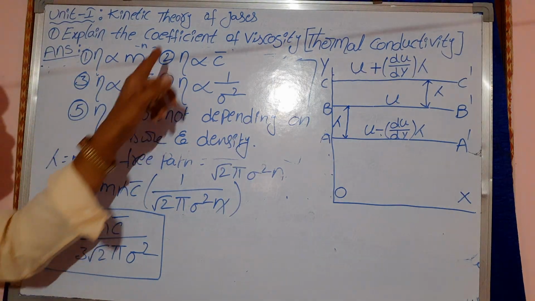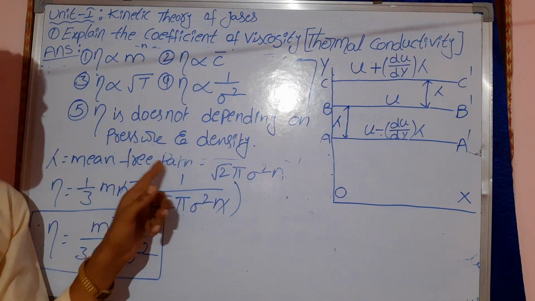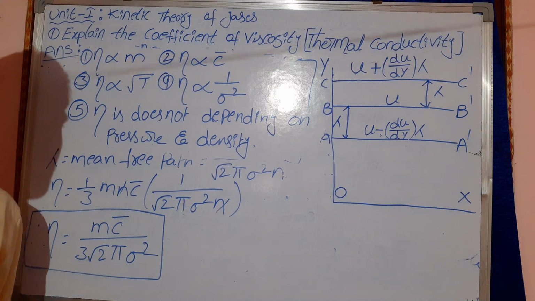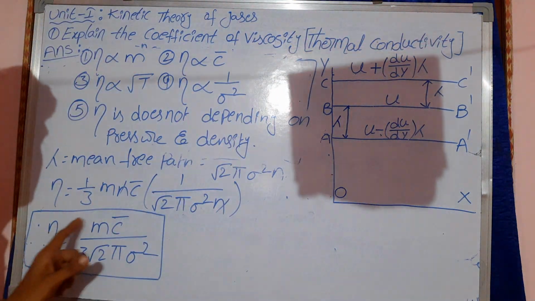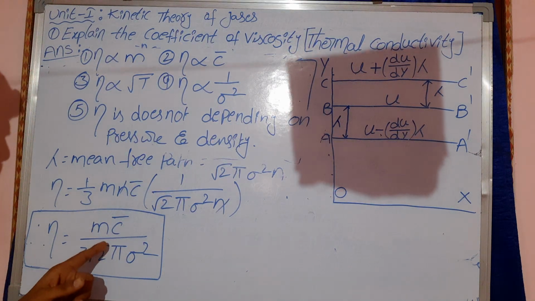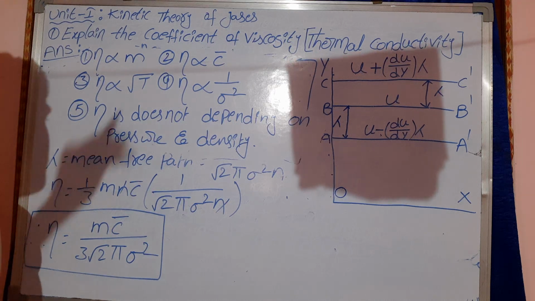So this is the coefficient of viscosity equation. Eta equals m c bar by 3 root 2 pi sigma square. Thank you, friends.